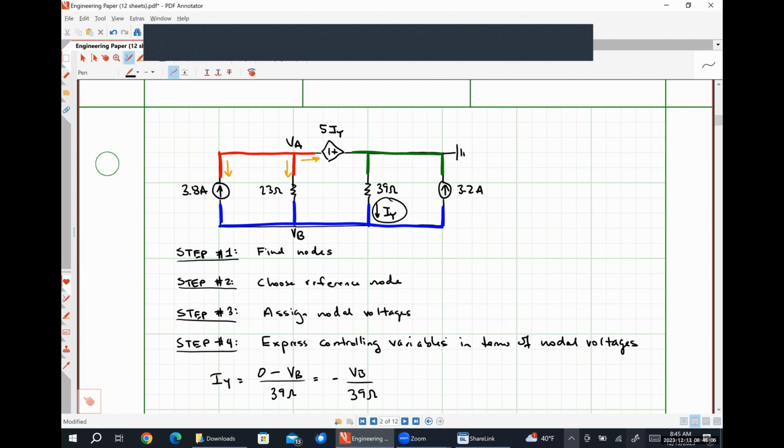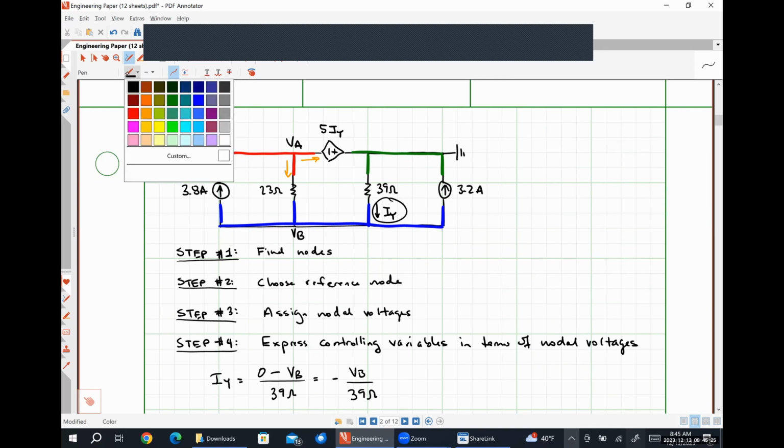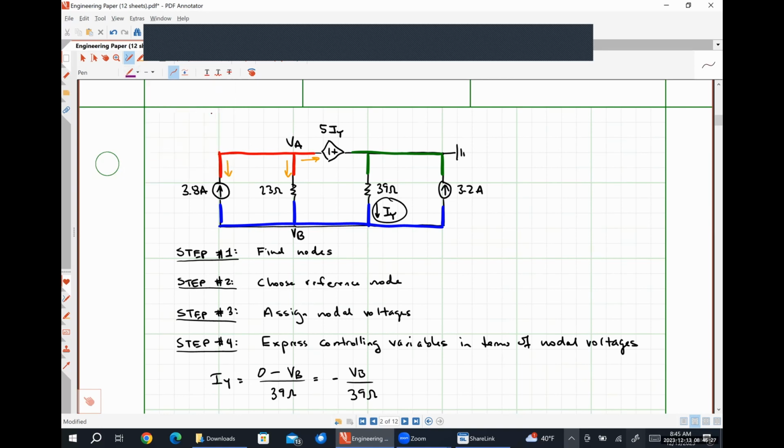So what we are going to do is introduce the concept of a supernode here, okay? So a supernode is just a combination of nodes that encloses a voltage source. So I'm going to outline my supernode here in purple.